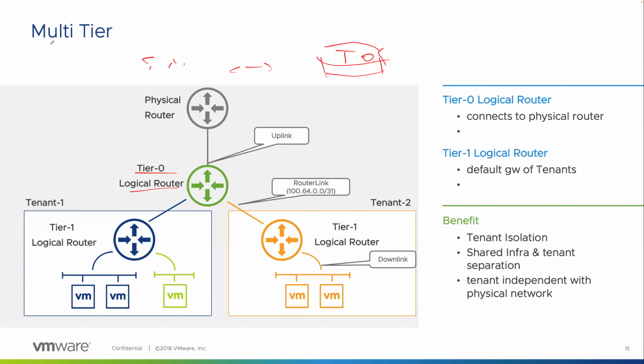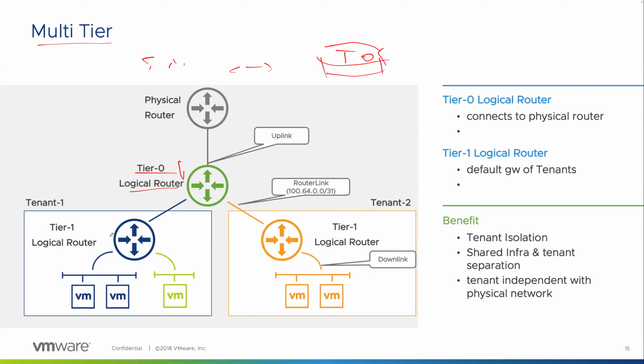In the multi-tier, we talk about two tiers of routing, in which we have a tier 0 logical router, which is a relatively large aggregation point of the whole NSX routing.